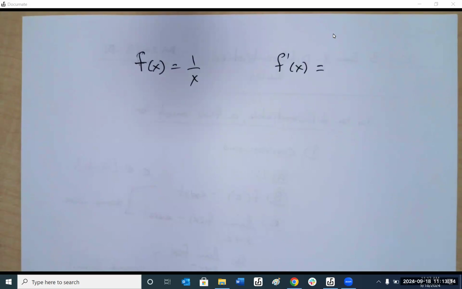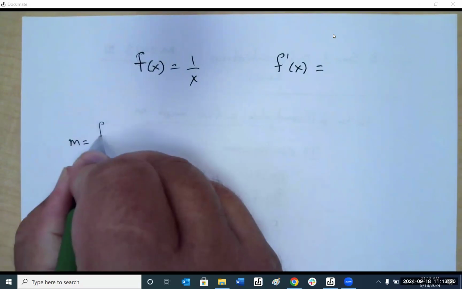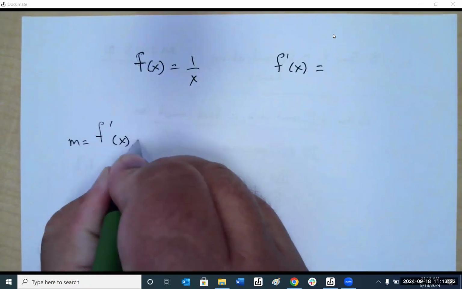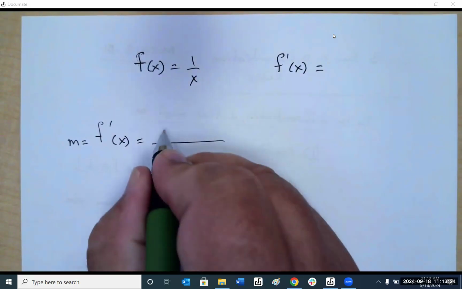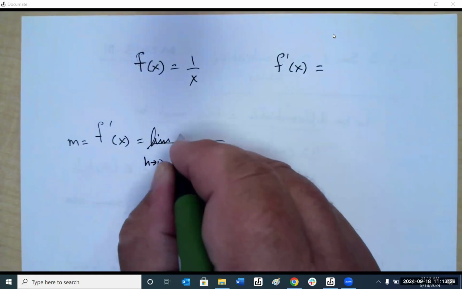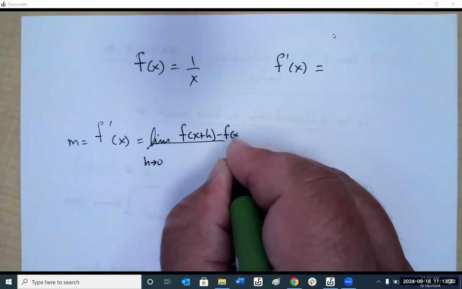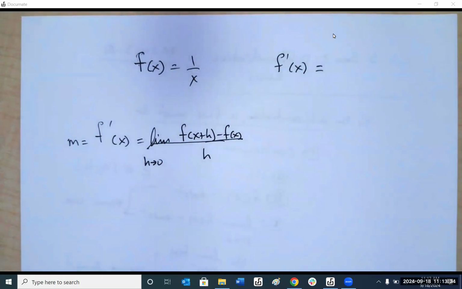How do we find the derivative? Remember, the derivative is slope, which we use a difference quotient. It's the limit as h goes to 0 of f of x plus h minus f of x all over h.